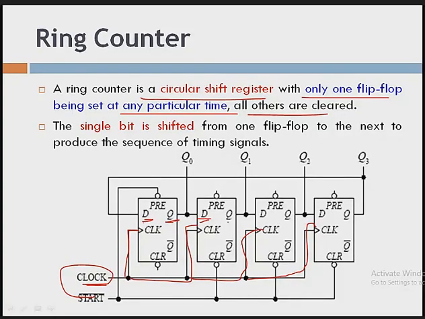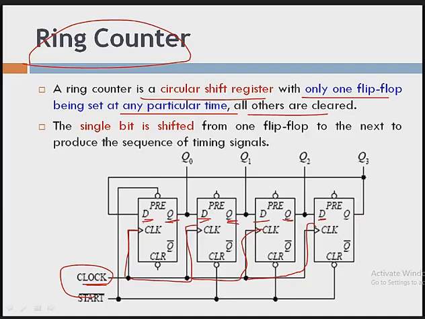Next, the output of your second flip-flop is connected to the third flip-flop, and the output of your third flip-flop is connected as the input of your fourth flip-flop. For example, here we are considering four flip-flops. One important thing is why it is called a ring counter.